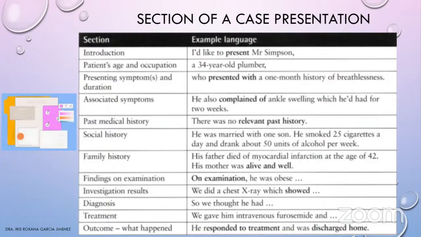We have the introduction. For example, I'd like to present Mr. Simpson, patient's age and occupation, presenting symptoms and duration, associated symptoms, the past medical history, PMH, social history, family history, findings during the examination, investigation results, diagnosis, treatment, and the outcome.